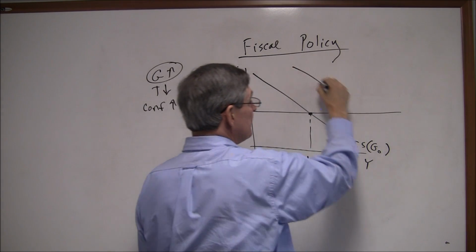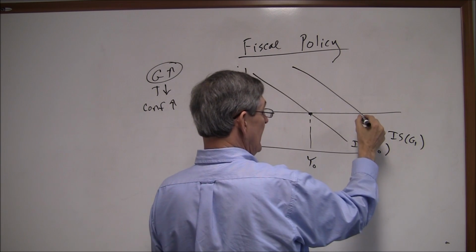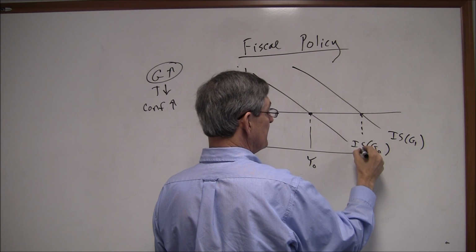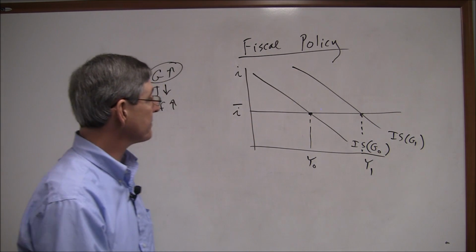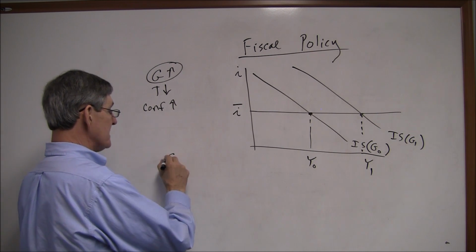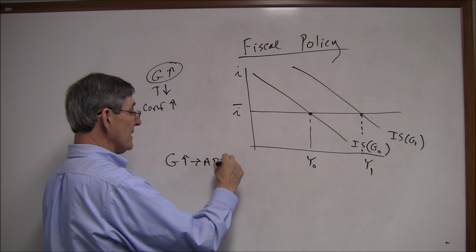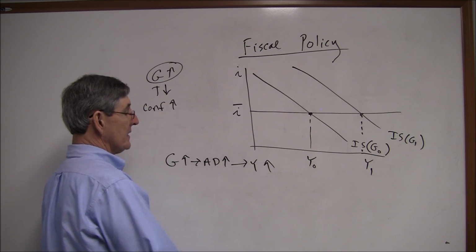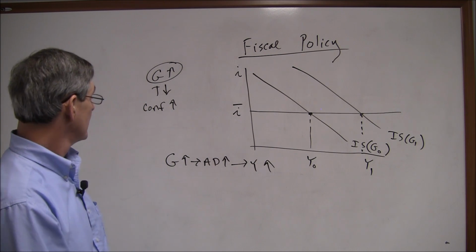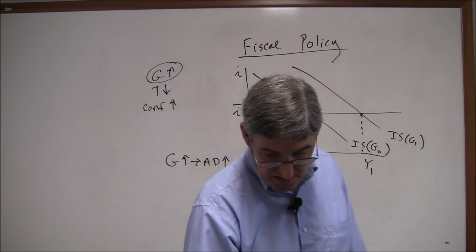That's going to shift the IS curve out to IS of G1. And at G1, income would be Y1. And so when government spending goes up, that causes aggregate demand to go up, and then that causes income to go up. And so that's really all there is to it.